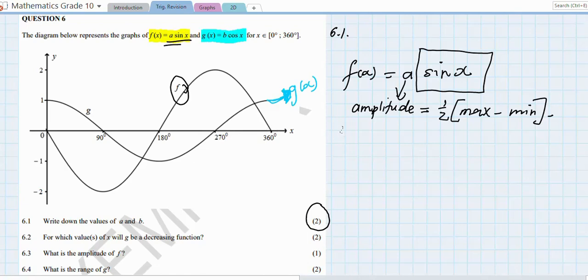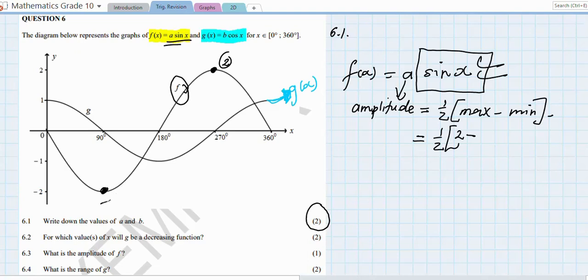Now let's continue to solve for the amplitude there. So we are saying it's half of what is the maximum value for the sine graph. Which one is the sine graph? The f graph. The maximum value is right there. What is the y value there? It's 2. So the maximum value is 2 minus the minimum value. So for this f graph, the minimum value is definitely here. That is the lowest point, right?